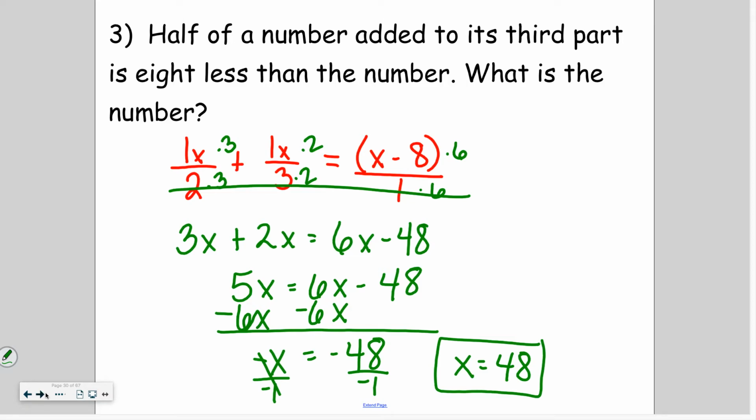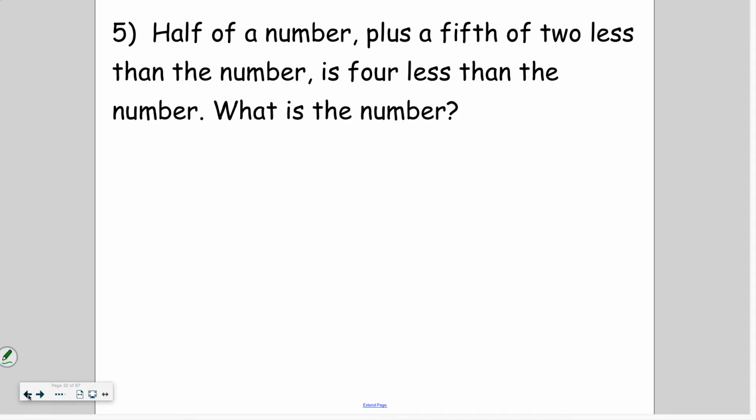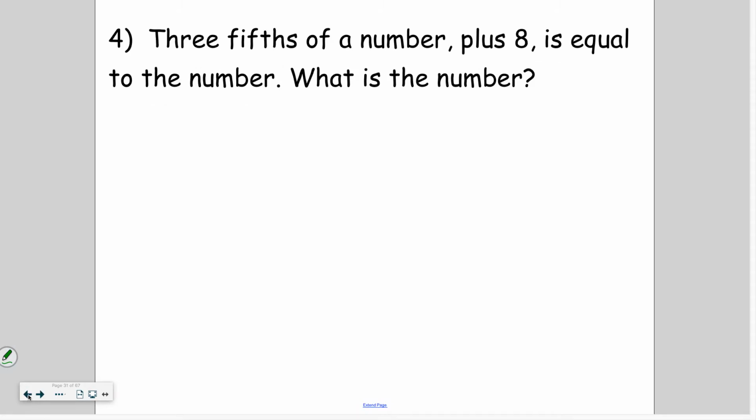All right, let's try the next one. 3/5 of a number plus 8 is equal to the number. What's the number? Let's go ahead and make this a fraction. What's a common denominator? It would be 5. So I can multiply by 5 here, by 5 here.